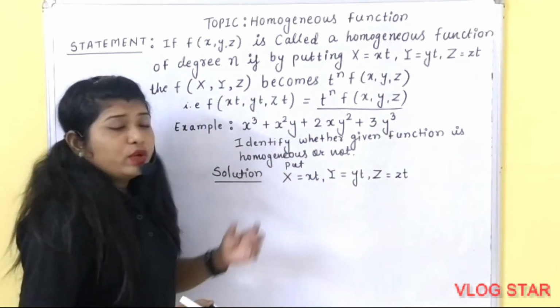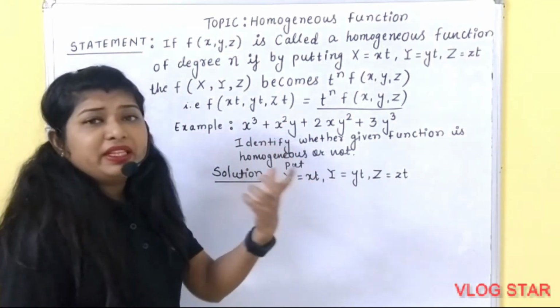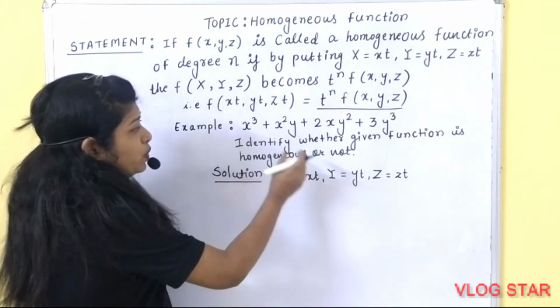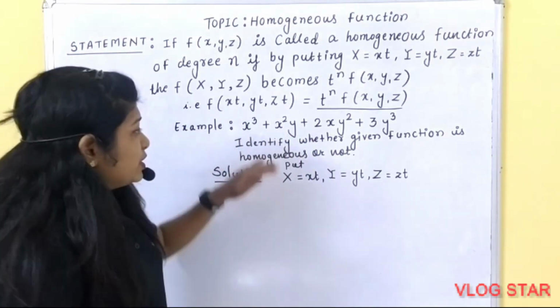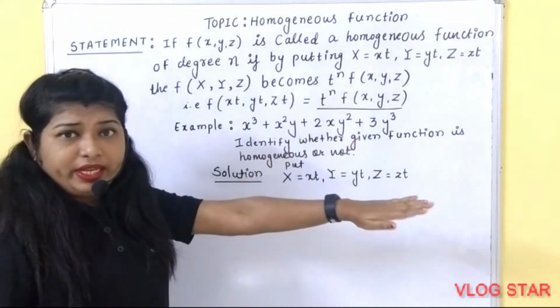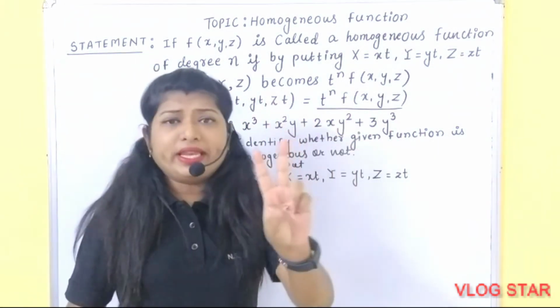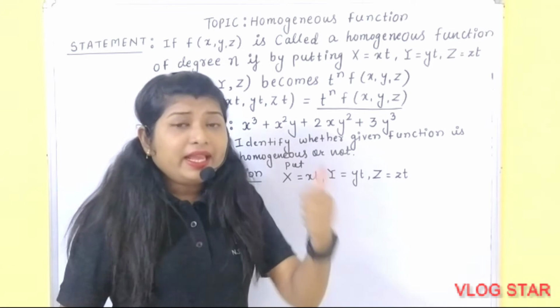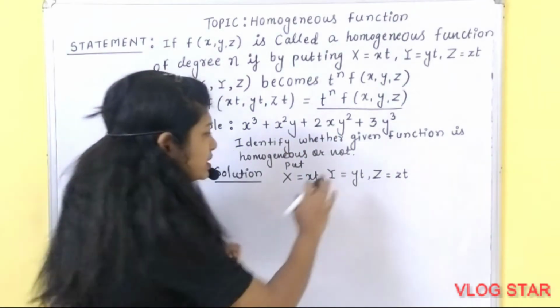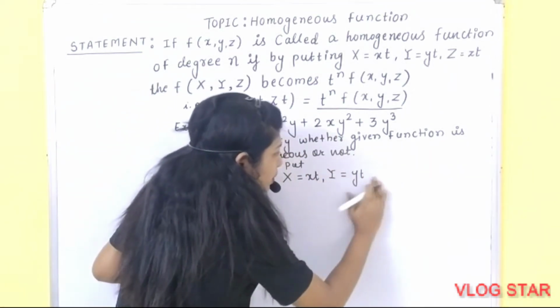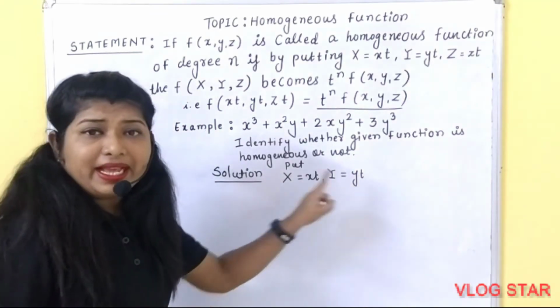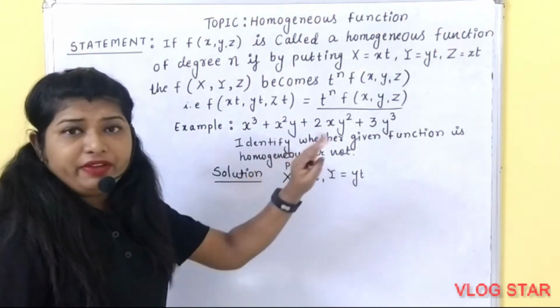This is nothing but the function with respect to x and y. If you observe carefully, two variables are there, x and y. So simply we have to substitute the values of capital X and capital Y in the given function.